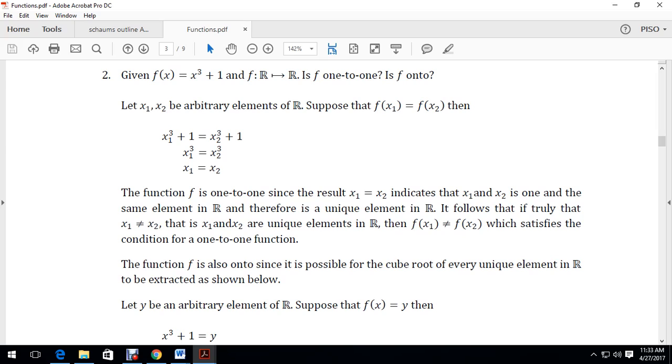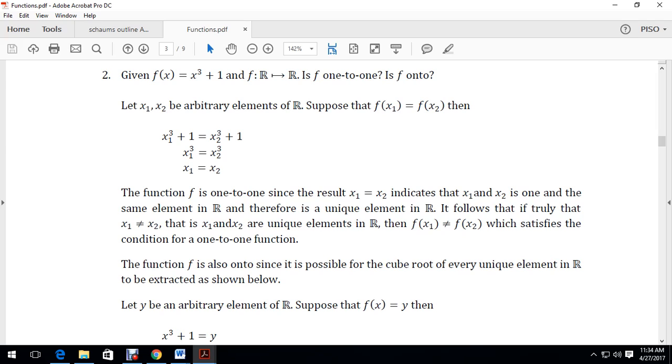Now, what is meant by this result is that the function f is 1 to 1, since the result is that you have x sub 1 equal to x sub 2, which indicates that x sub 1 and x sub 2 are one and the same element in R, and therefore a unique element in R. Again, the result means that x sub 1 is x sub 2.